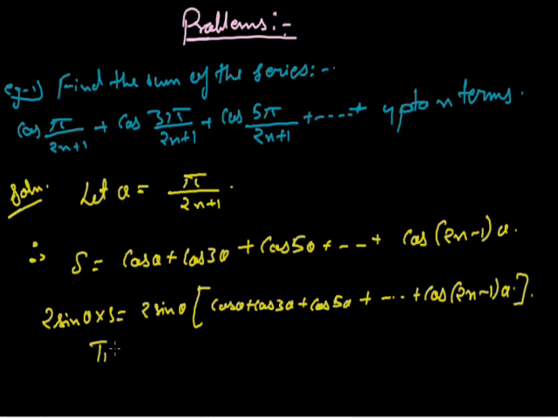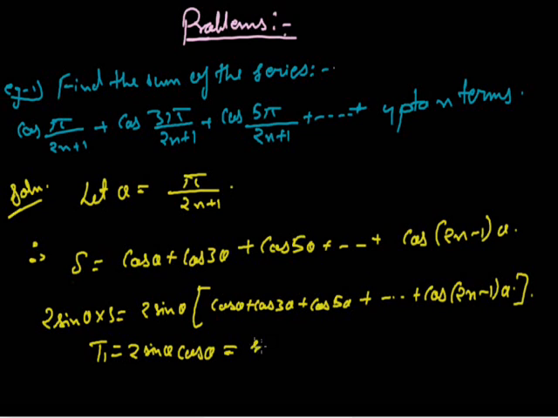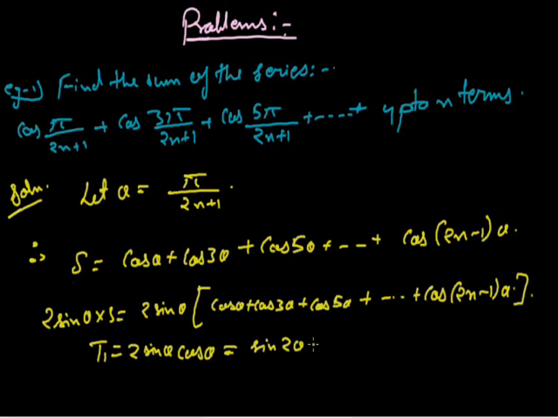Therefore, the first term T1, that is 2 sin theta cos theta, is equal to sin 2 theta minus 0. T2, which is 2 sin theta cos 3 theta, can be written as sin 4 theta minus sin 2 theta.